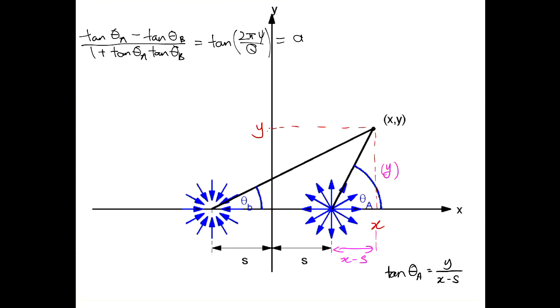Very quickly, what is tangent theta B going to be then? It's going to be y again, and now it's going to be x plus s.